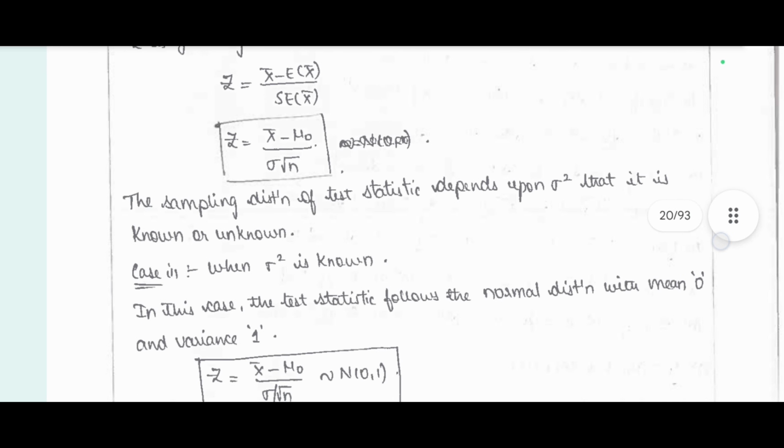The sampling distribution of the test statistic depends upon the value of sigma square, whether it is known or unknown. In case 1, sigma square is known, then the test statistic follows normal distribution with mean 0 and variance 1.